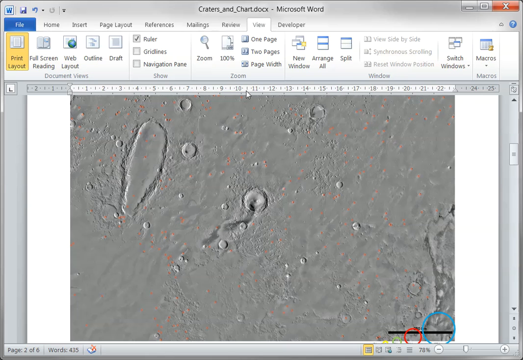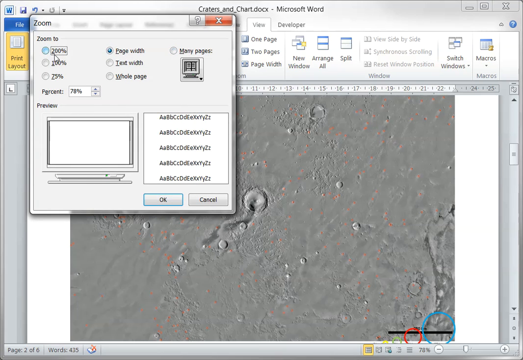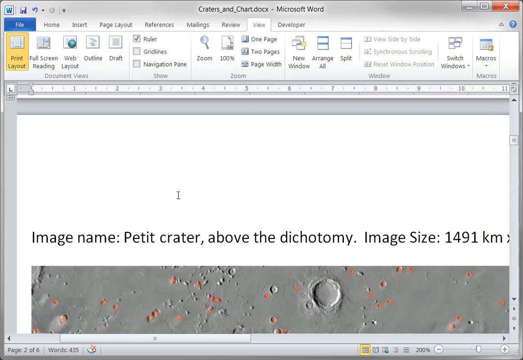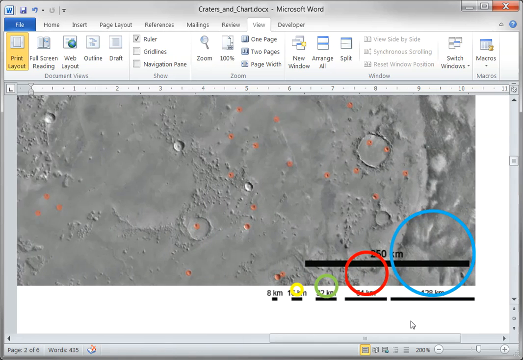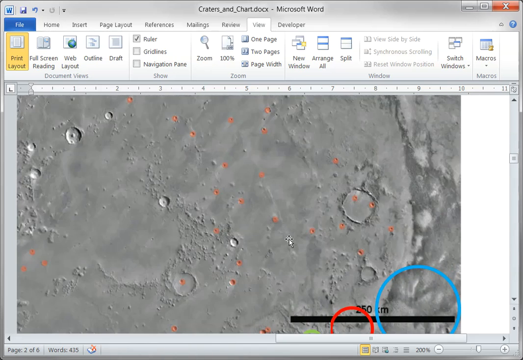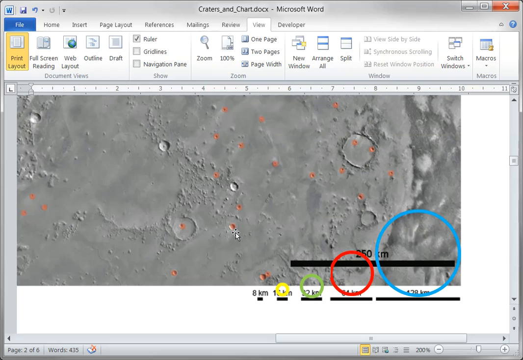Now to do that, it helps to zoom in quite a bit. Let's go to 200%. Scroll to the bottom of the first page. Okay, and you can see the little red dots in some cases are sitting above craters that you can actually identify. You see that we have four colored circles.